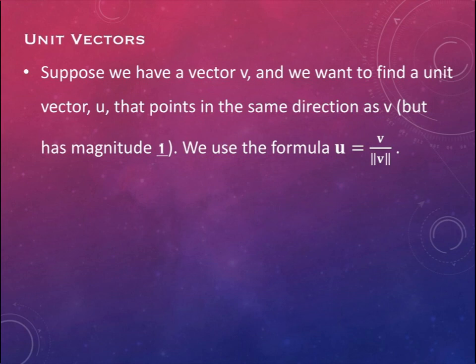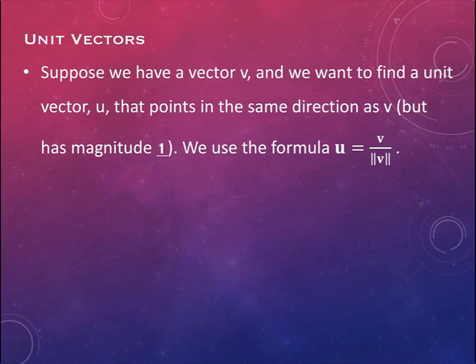So if we have a vector and we want to find a unit vector for that vector, it means it's the same direction as the vector we're talking about, but it has a magnitude or length or a size of 1. And so the way that we find that unit vector is we take the vector itself and then we divide it by its length, right?